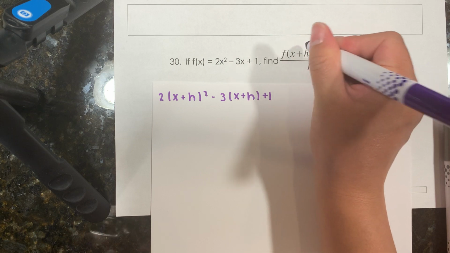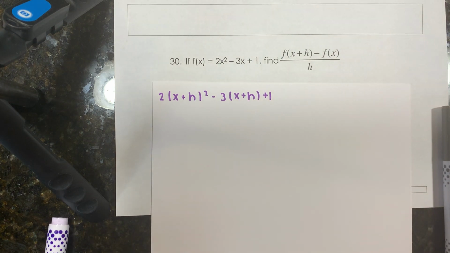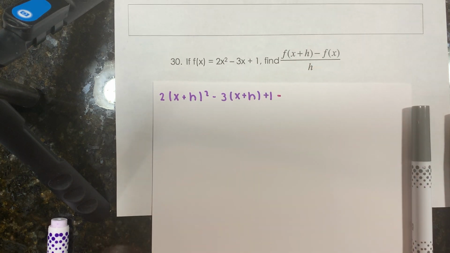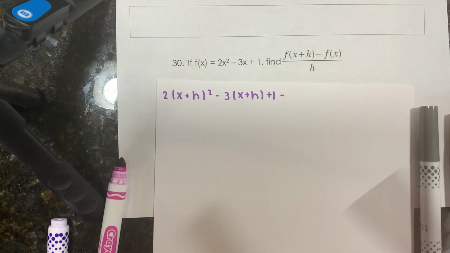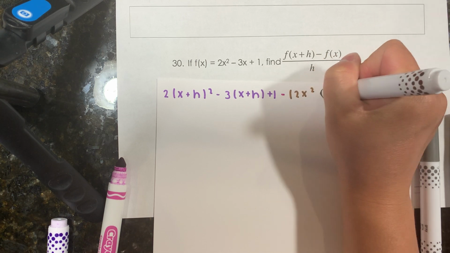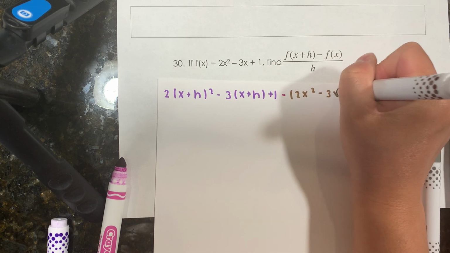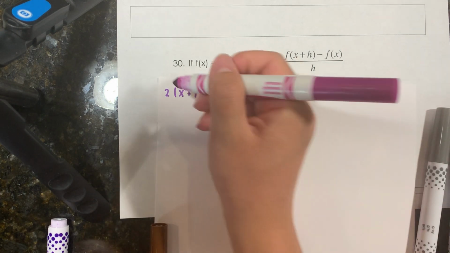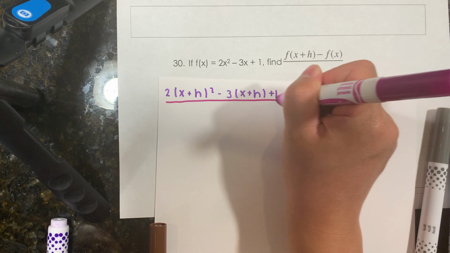So this is just the first part. Now I'm going to subtract the f of x function, which is that entire function. So that would be 2x squared minus 3x plus 1. That's all going to be over h.